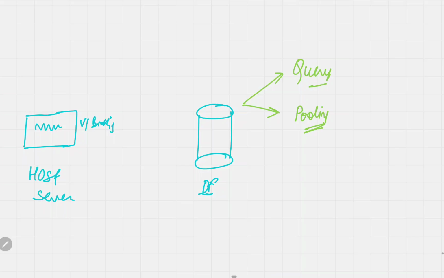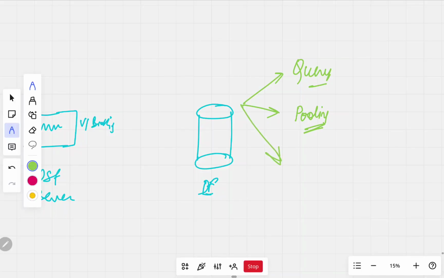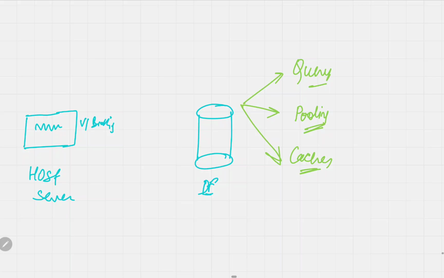Third thing here would be, you have to think of a way of caching at the DB level itself. Cache in a very simple sense is like we are putting data somewhere from where we can get it very fast.